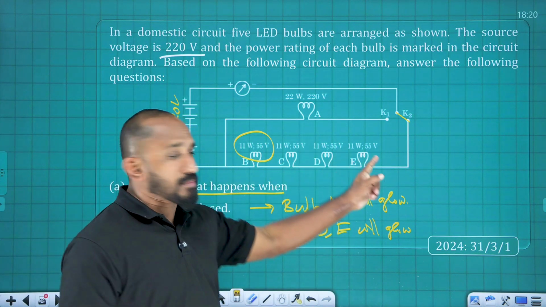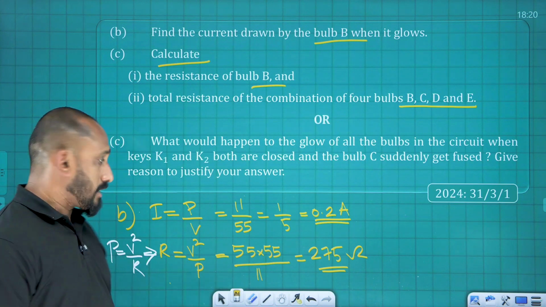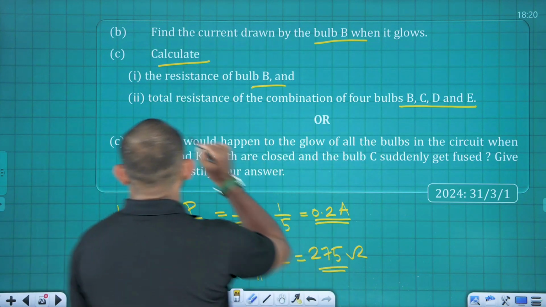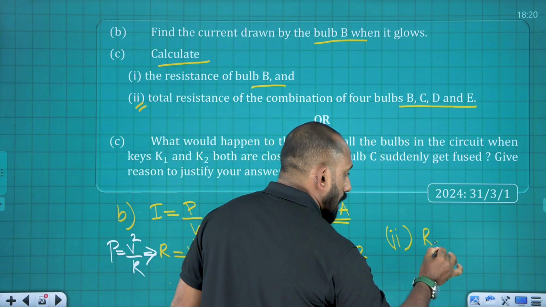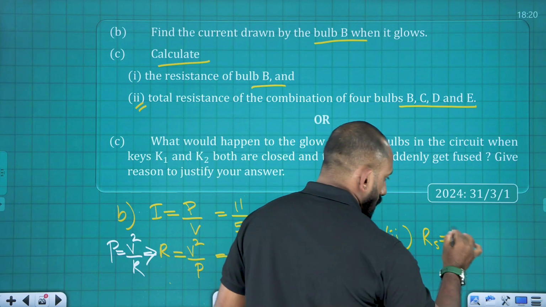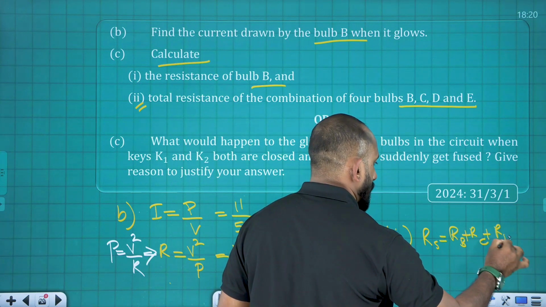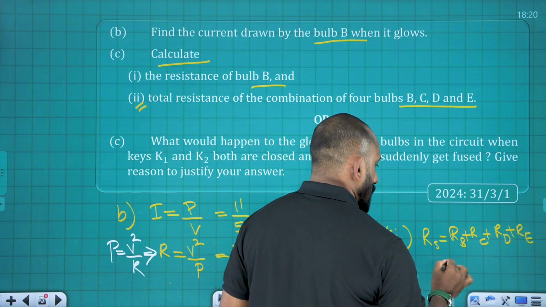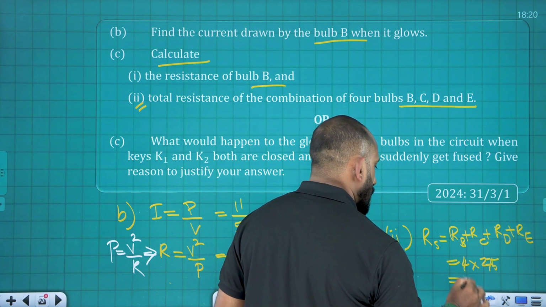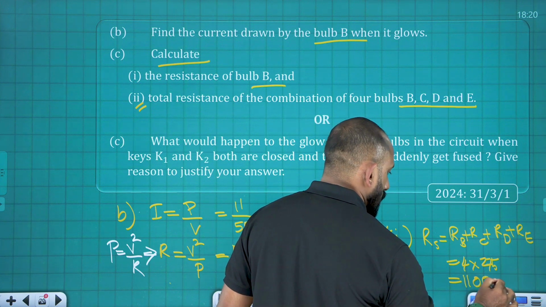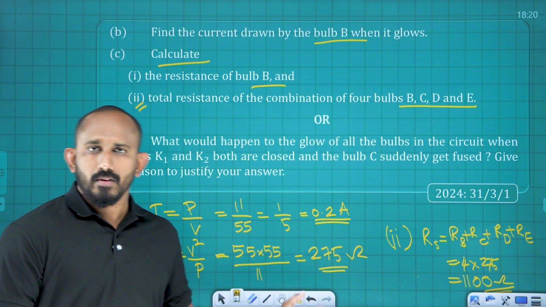Since all these bulbs have the same resistance, 275 ohm each, the net resistance Rs is equal to Rb plus Rc plus Rd plus Re. That is 4 into 275, which is 1100 ohms in total. Got it?